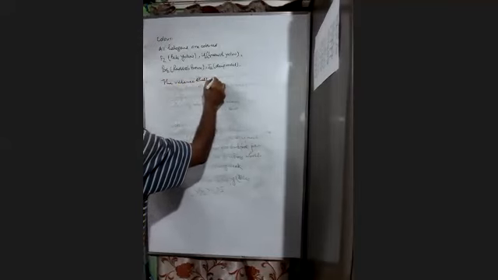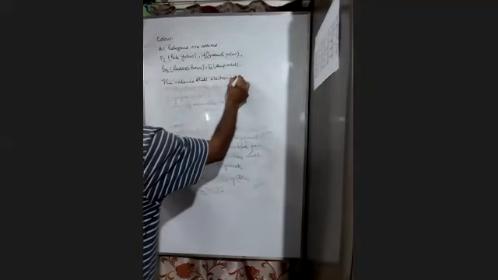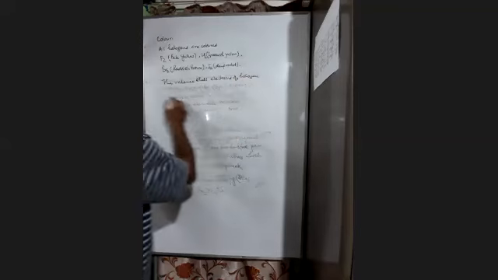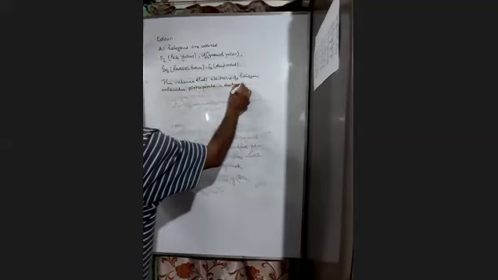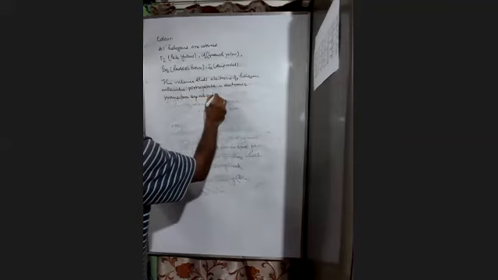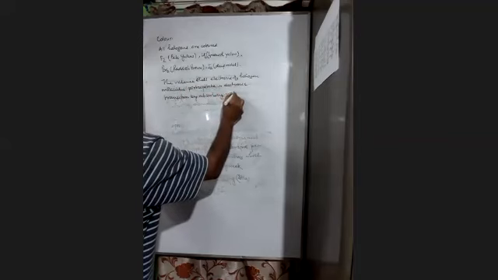The valence shell electrons of halogen molecules participate in electronic transition by absorbing visible light. Okay, finish.